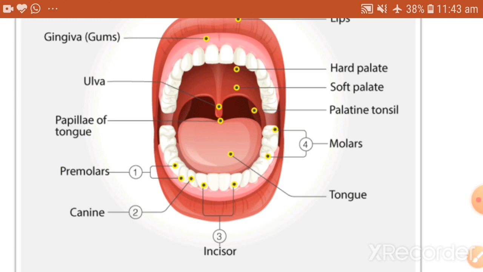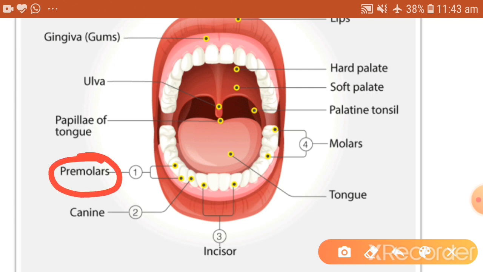Next we have premolars. Premolars are the 2 on each side of the canines. They help in crushing and grinding the food. You can see here where the premolars are located.